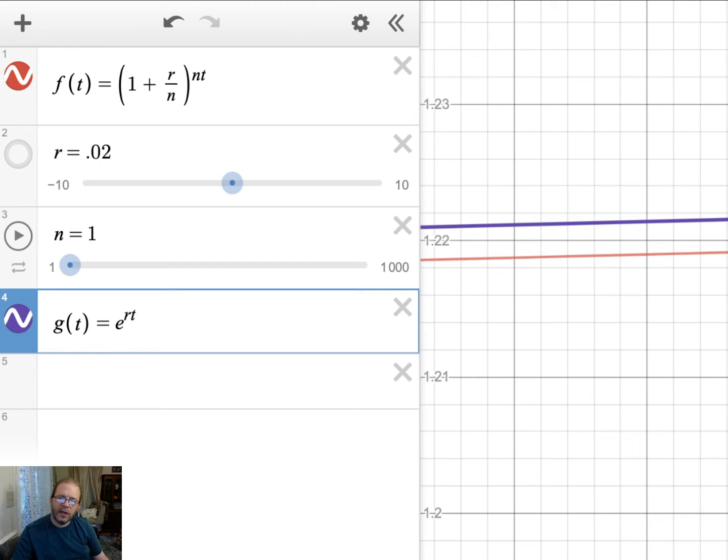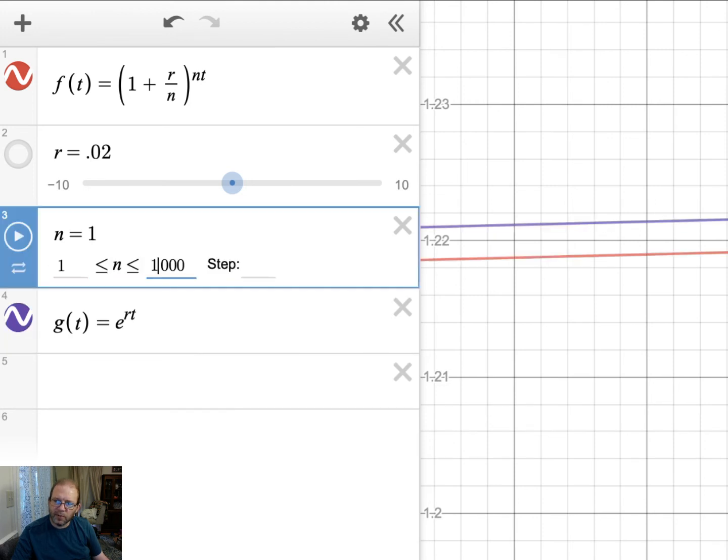The thing is, if n grows large, let me get this to something more manageable. Let's say up to 50 times per year.